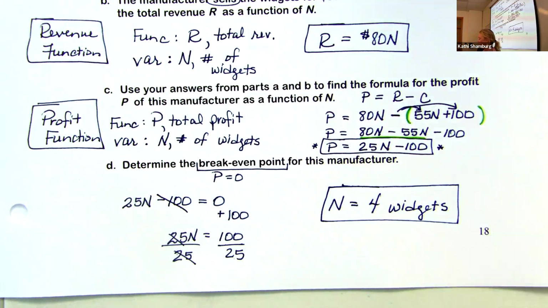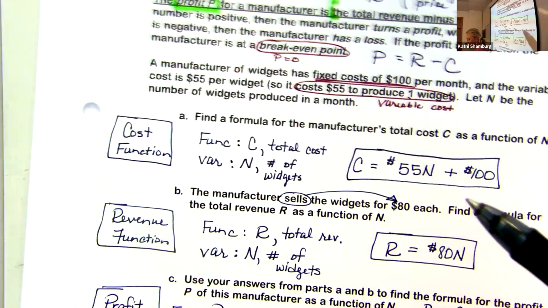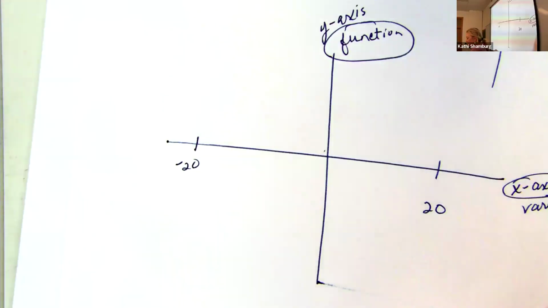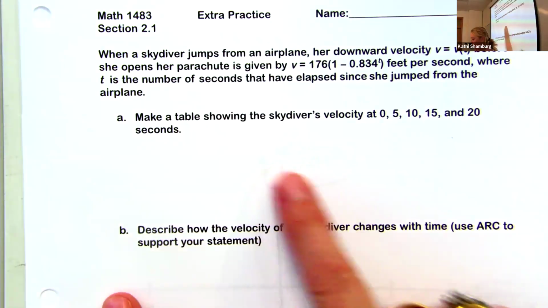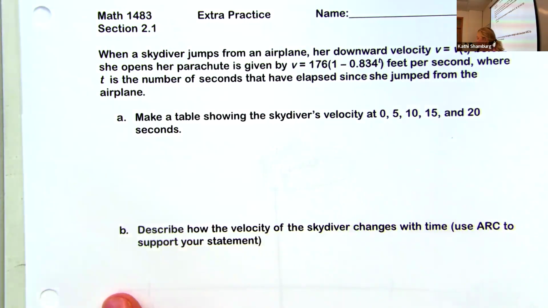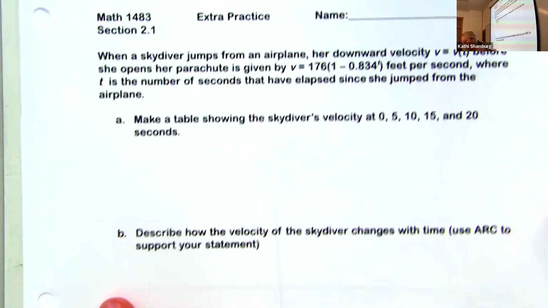All right, I want to get through A and B of the practice. So I want you to read through, enter this equation into your calculator, and create the table.